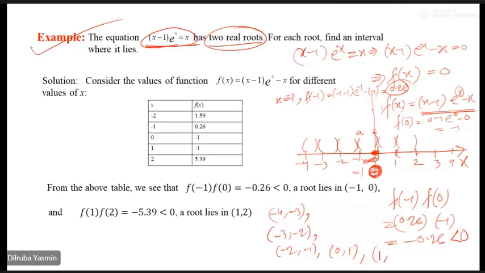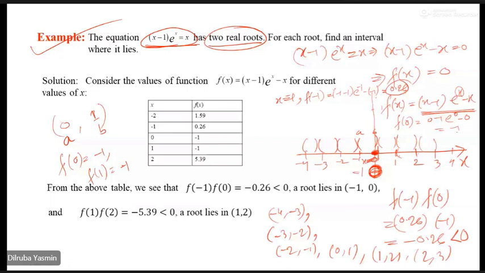Take the open interval 0, 1. This can be defined by a, and this by b. Okay, so you can easily get f of 0, which is equal to minus 1, and f of 1, which is equal to minus 1. Look here.